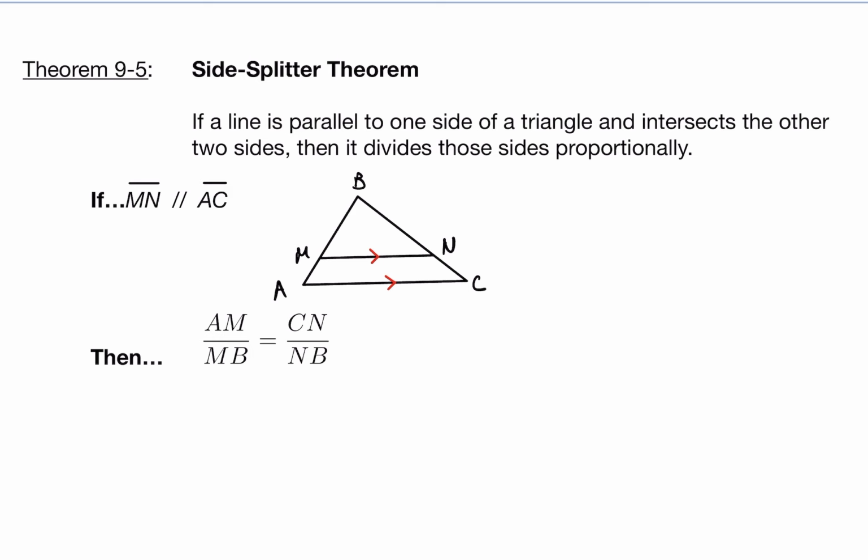If a line is parallel to one side of a triangle, so let's say this line is parallel to this side of the triangle, and intersects the other two sides, right? So it intersects this side and this side, then it divides those sides proportionately. So AM over MB is equal to CN over NB. And that's what we saw in the previous example. So that is the side splitter theorem.